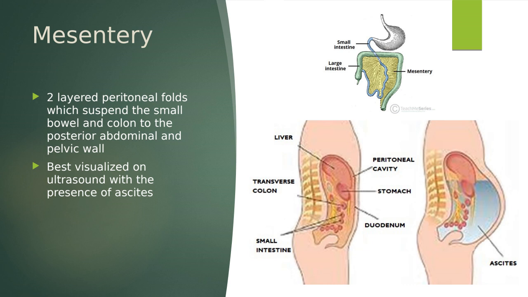It's going to make it so that we can actually see the mesentery with the presence of ascites. So not a structure that we are really routinely visualizing. Same thing with the omentums, but when we have fluid accumulating within this cavity, we're going to start to see these things a little bit more abnormally.